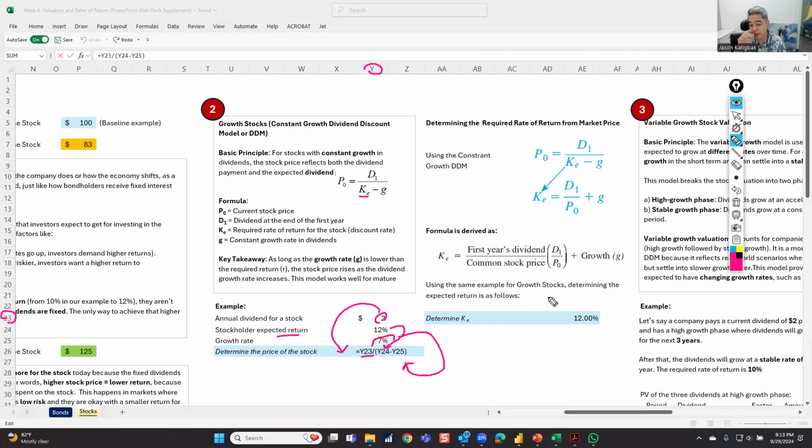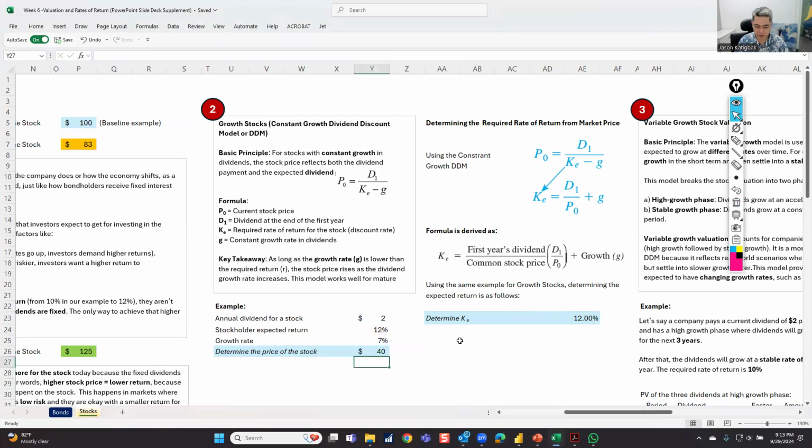So 12 minus 7 is equal to 5%. $2 divided by 5% is actually our $40. I'll do it the same way. $2 divided by 5%, 40. And how did we do the 5%? It's basically 12% minus 7%, which is K minus G.